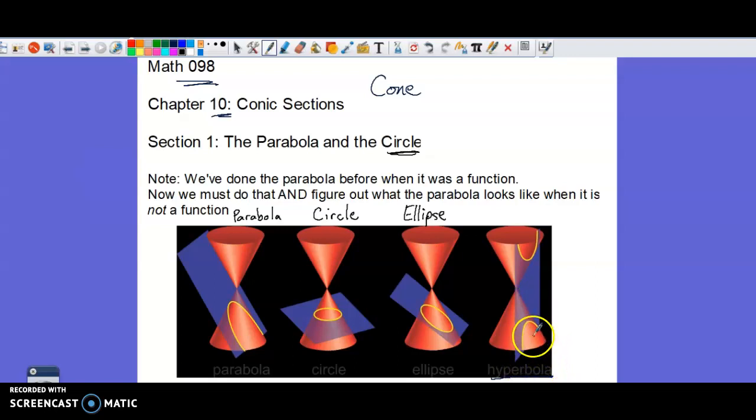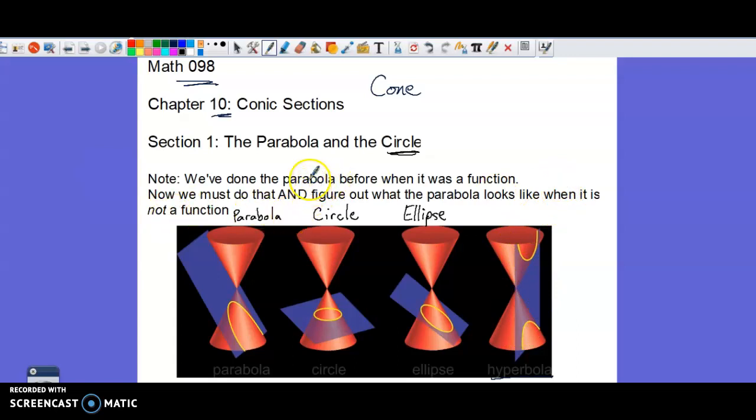Hyperbola would be if we had a conic section that was, I don't want to say perpendicular, because it's tough to explain perpendicular, but straight up and down. So it's not a parabola, it's a completely different term. The hyperbola looks more like that.